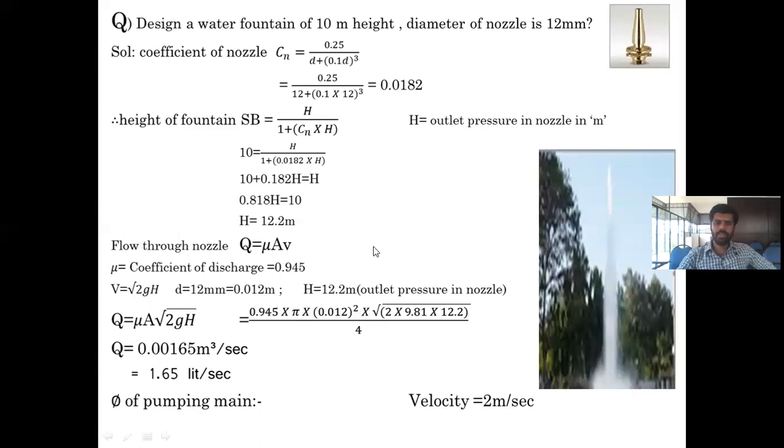Just try it and see whether you are getting 0.00165.